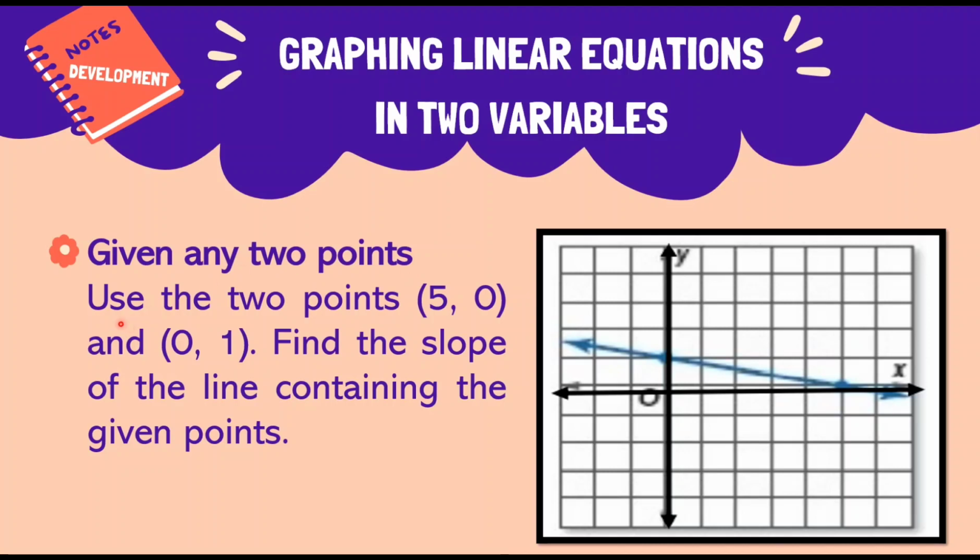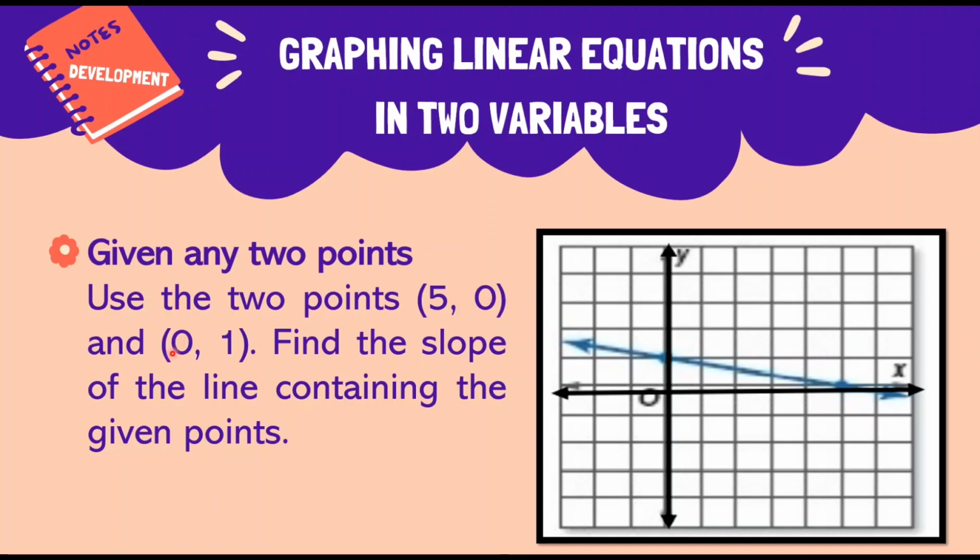So as you can see, use the 2 points (5, 0) and (0, 1). You can easily determine which is our x and our y. You already know that our x is the first coordinate, which is 5. Our y coordinate is the second coordinate, which is 0.